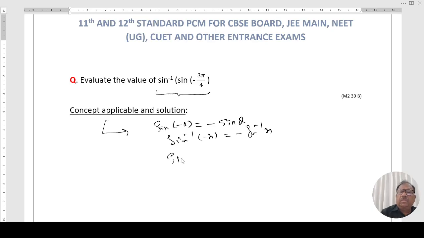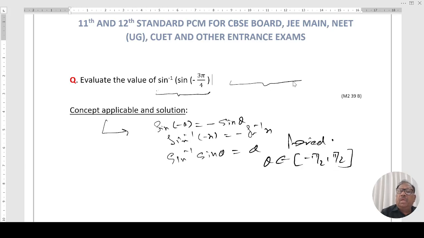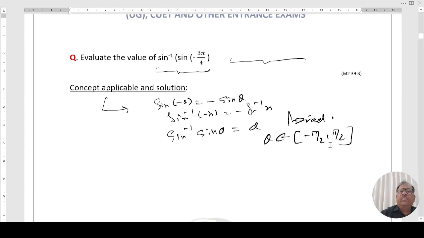And sin inverse of sin theta equals theta, provided theta belongs to the principal value branch, minus pi by 2 to pi by 2. If nothing is mentioned regarding x, we always have to consider the principal value branch.